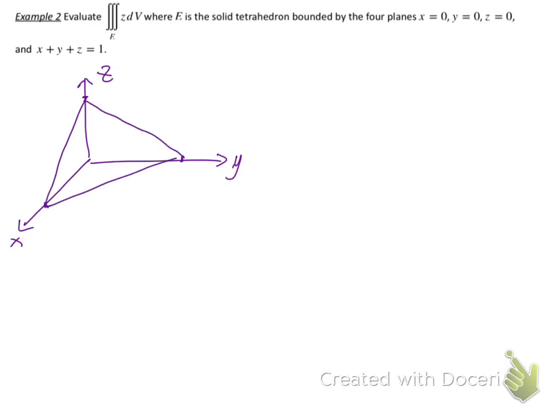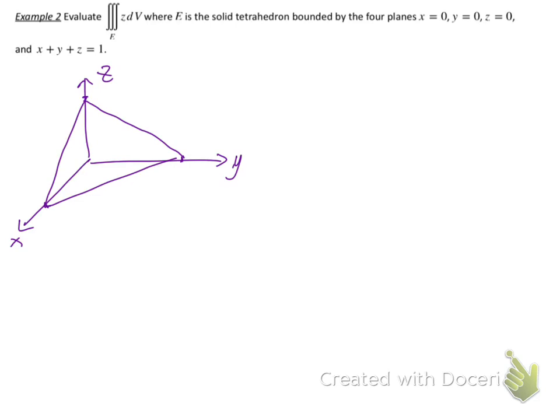This is the fourth plane. So putting them together, you have this tetrahedron. So pretty much you have everything inside, okay? Now, how are we going to write this V?